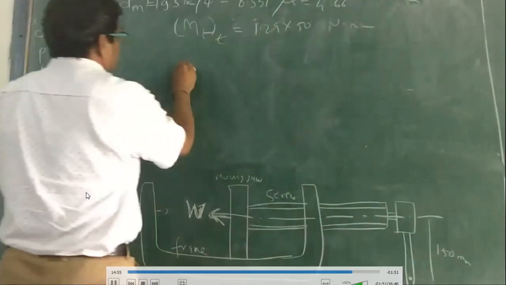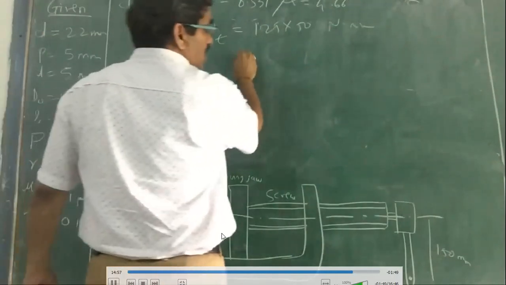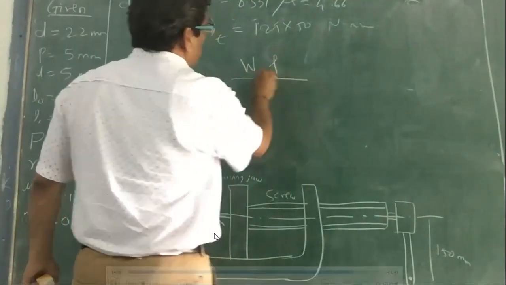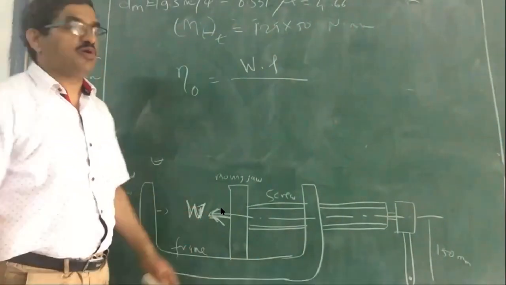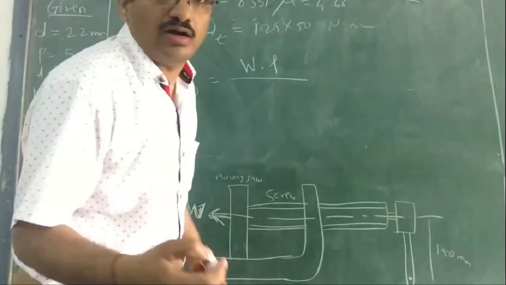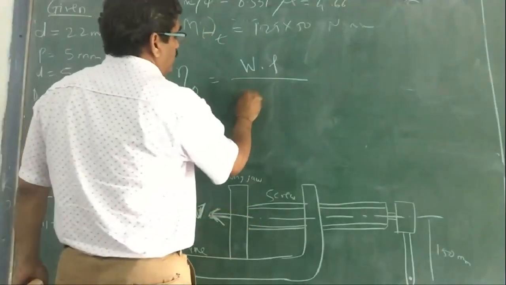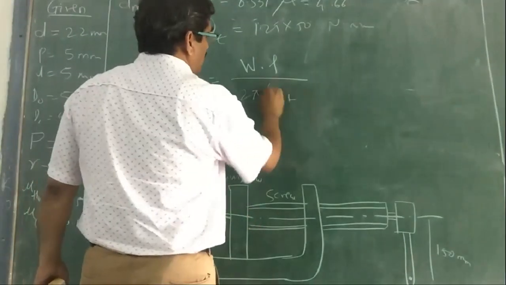And overall efficiency is output upon input. Input is the distance your screw moves in one rotation, that is the lead, into the load. The input is total torque into 2 pi.